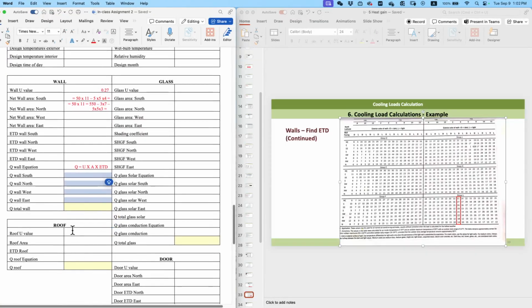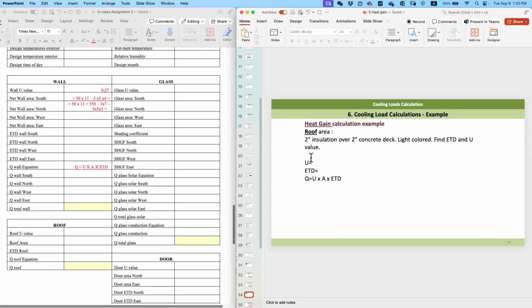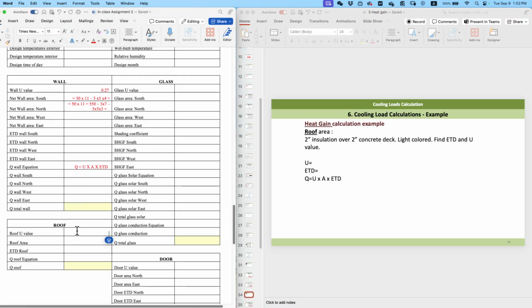And next one, roof. For roof, we need to know U value, roof area, ETD roof. Let's see how to do that. Roof type is 2-inch insulation over 2-inch concrete deck, light color. Find ETD and U value. So U value, how to find it?